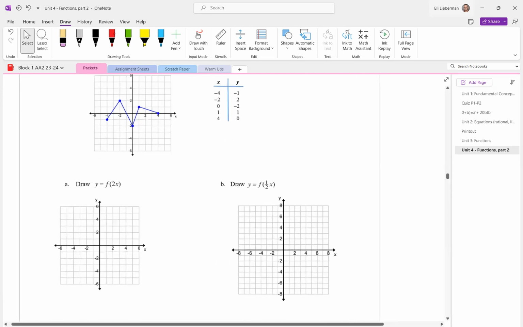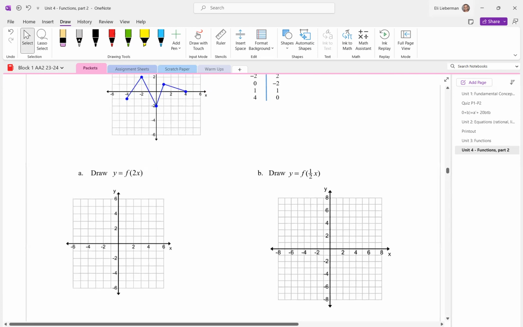Let's dot these. I'm going to dot mine, but if you just want to go for it and reference the original, that's fine. -4 comma -1 becomes -2 comma -1. -2, 2 becomes -1, 2.